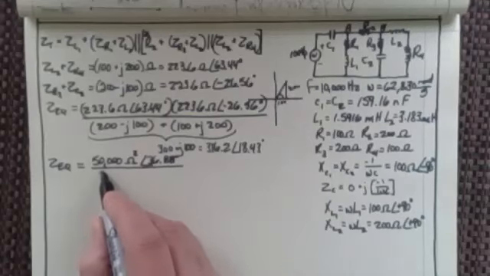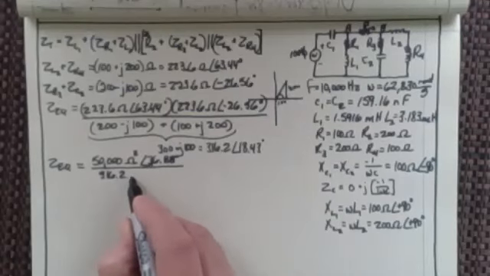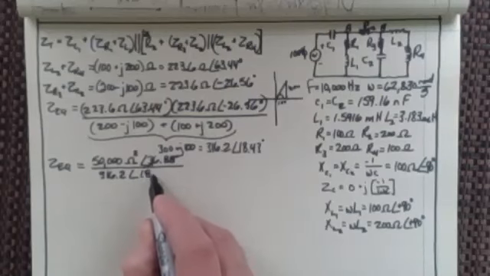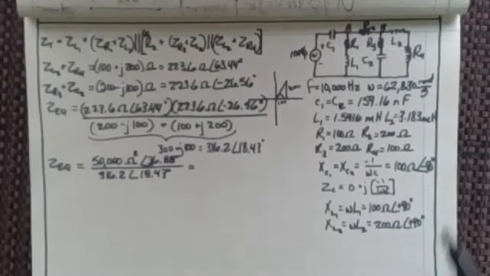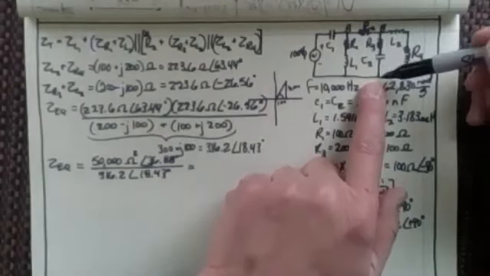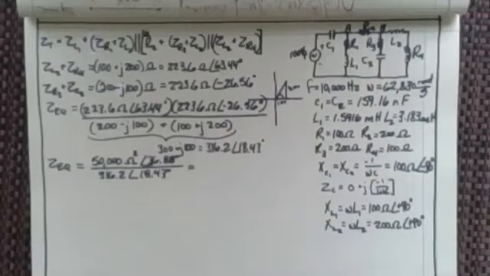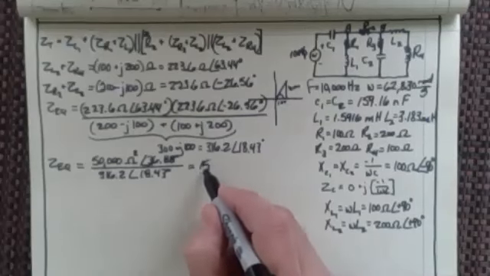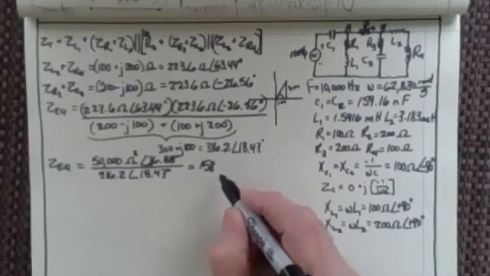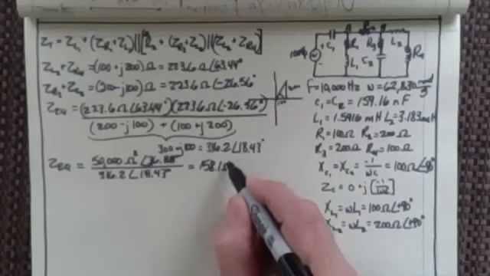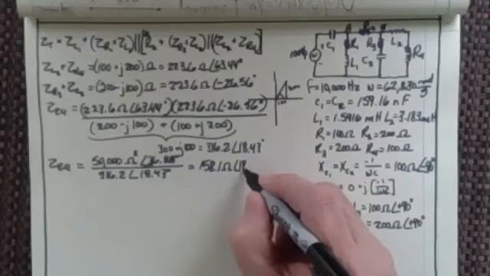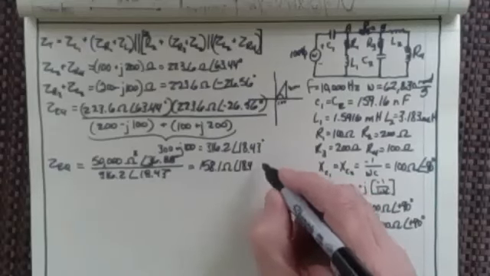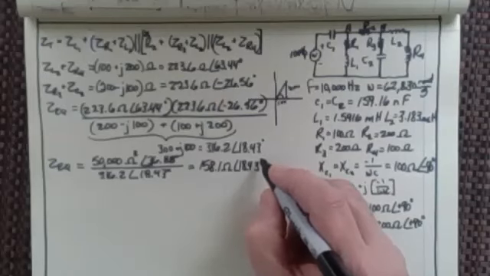And then on the bottom, well, we've already got that: 316.2 and an angle of 18.43 degrees, right? So just for those two branches, if we wanted to find the equivalent of those two branches together, we end up getting 158.1 ohms at an angle of 18.43 degrees.